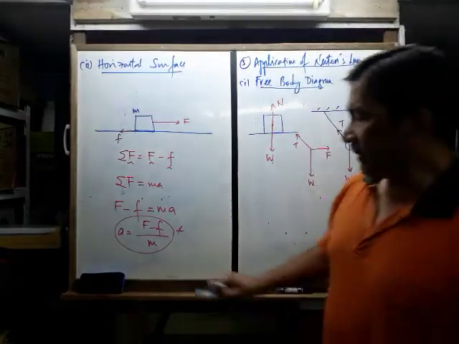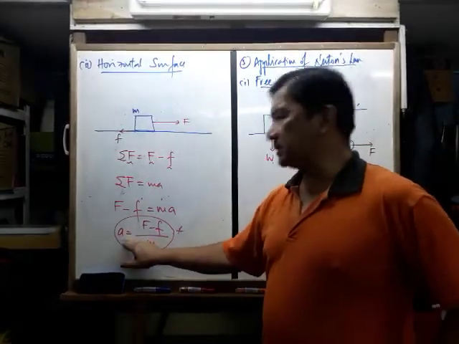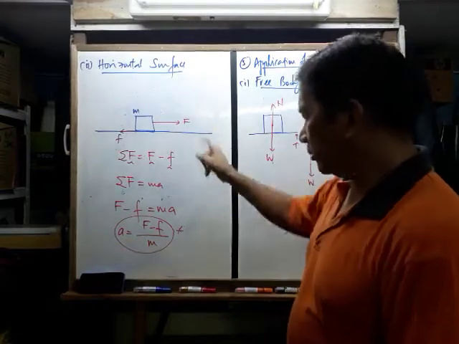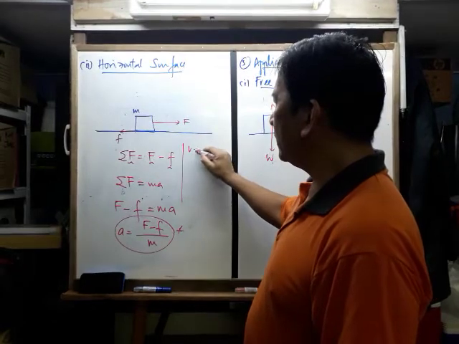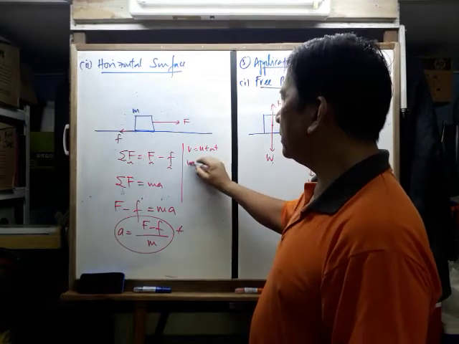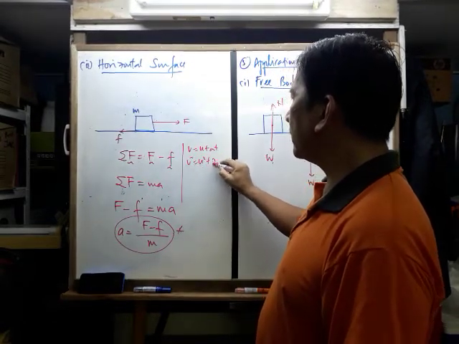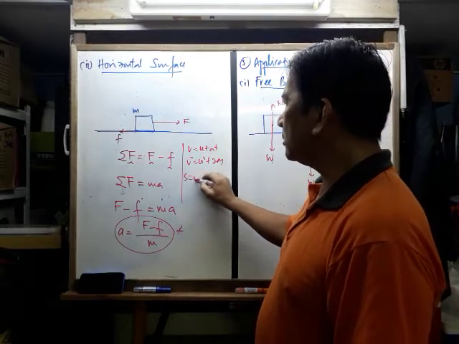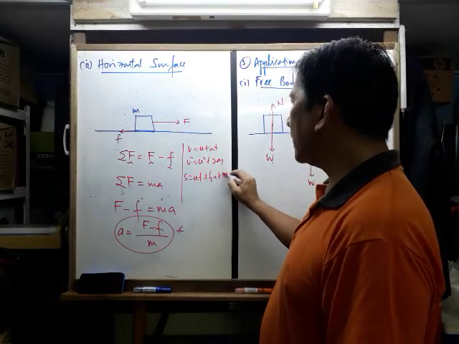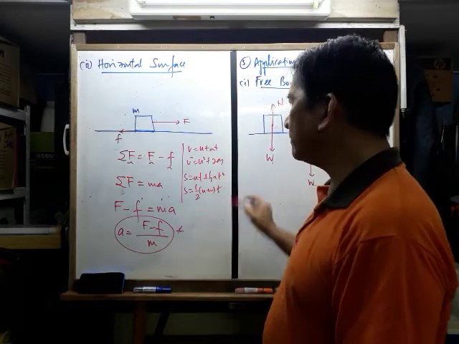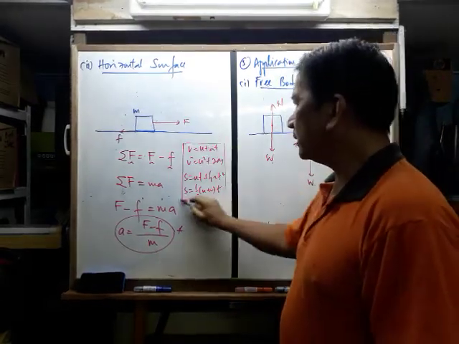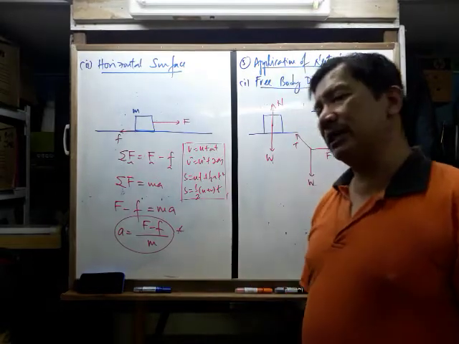If you already know this acceleration, you can use the equations v equal to u plus at, v squared equal to u squared plus 2as, s equal to ut plus half at squared, and s equal to half u plus v times t, to calculate the rest of the parameters that you are asked.